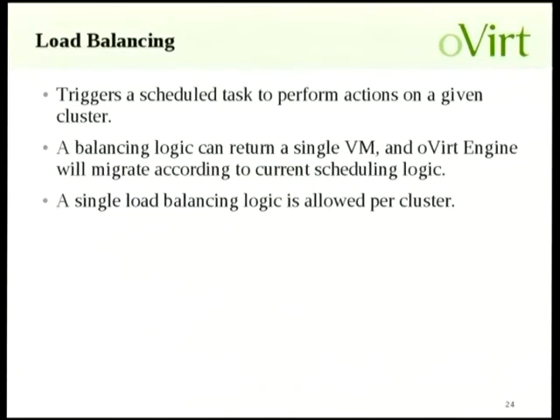Let's continue. Talk about the load balancing. That's the third model we have in the cluster policy. Each cluster policy can have only one load balancing logic. Basically, you can do whatever you want within the load balancing, connect to the SDK, and you can shut down everything. But what we support internally is that the load balancing logic will return a VM and a set of hosts.